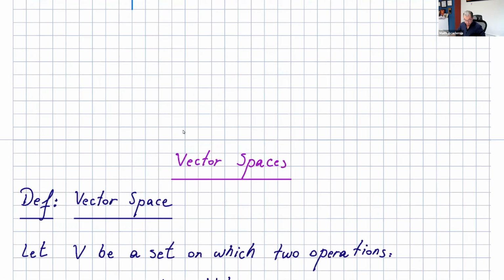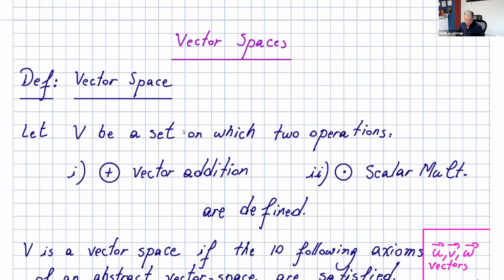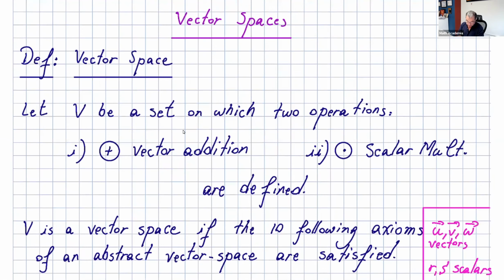Now, let's talk about vector spaces. Vector space definition: let V be a set on which two operations are defined. The main operations are vector addition, which I write as a plus sign with a circle, and scalar multiplication, which I write as a dot inside a circle.